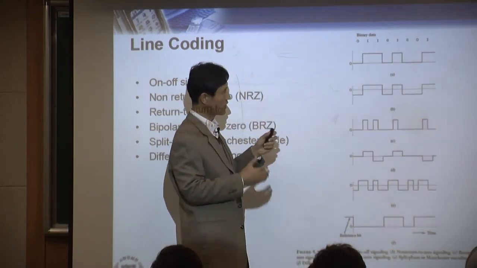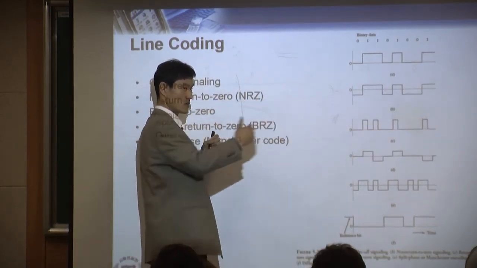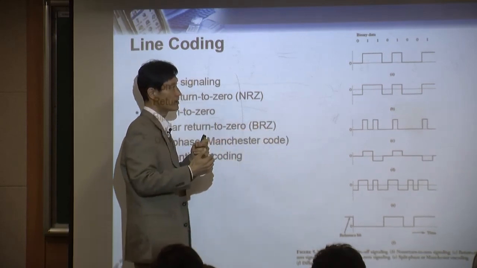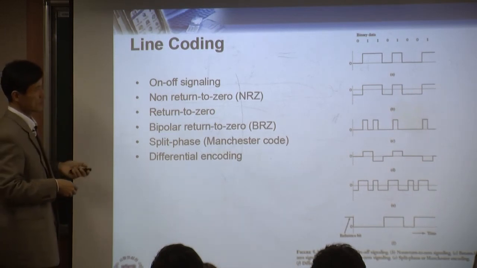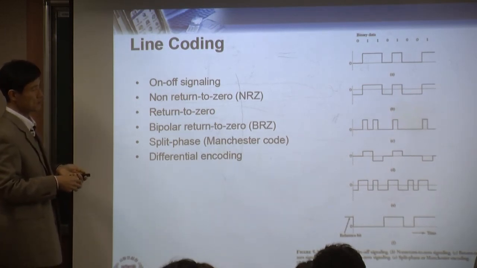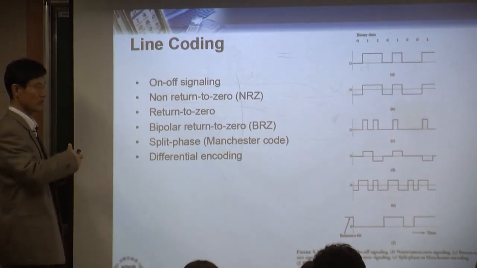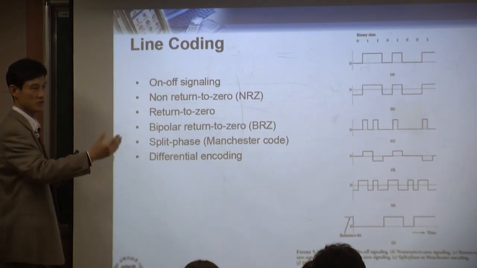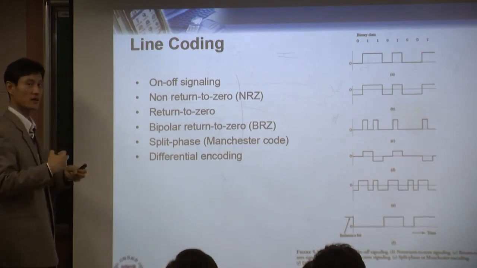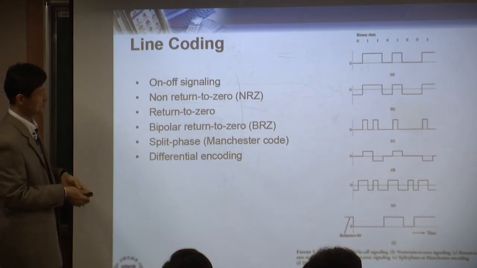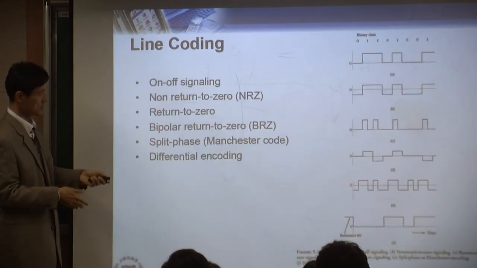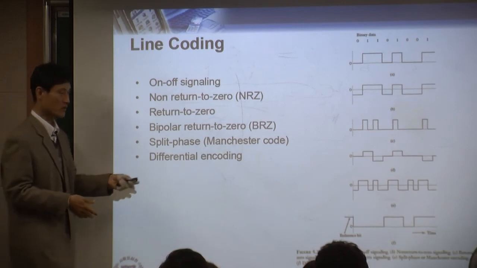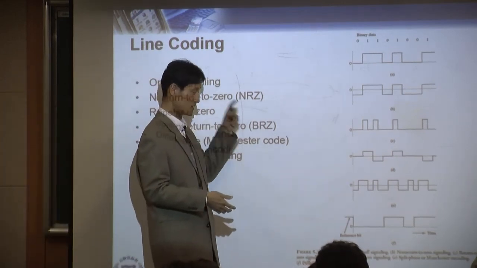So typically, when you have all 1s or all 0s, it's very difficult to recover the clock. Also, it's always better to have a transition, 1, 0, 1, 0. That's much better for recovering the clock. That's why in a lot of cases, Manchester code is preferred, right?